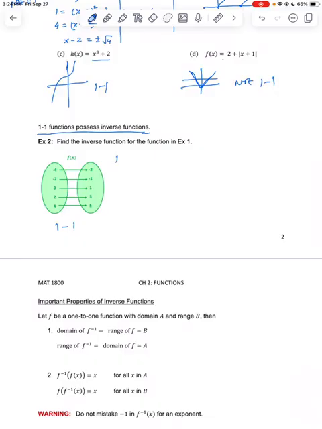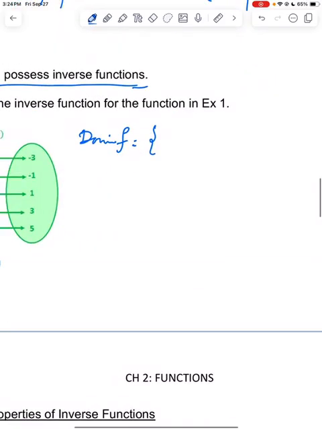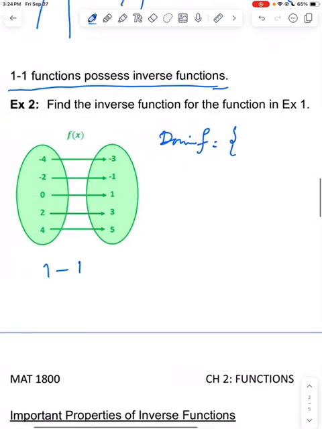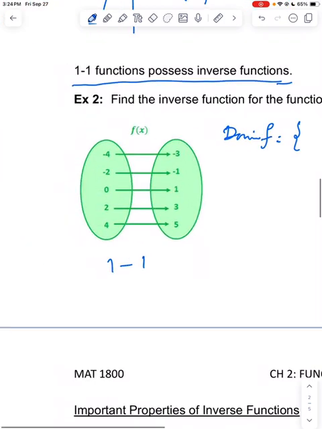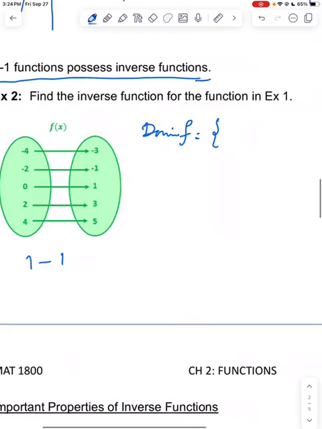The domain of f is, here we have only numbers, so we can write them in a set. The domain of f is the elements in the first set, which are -4, -2, 0, 2, and 4.